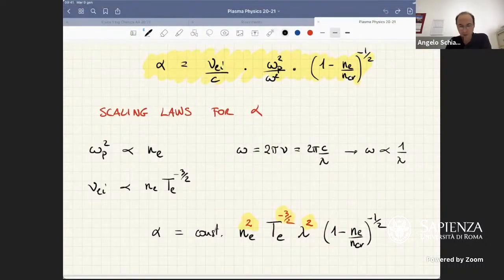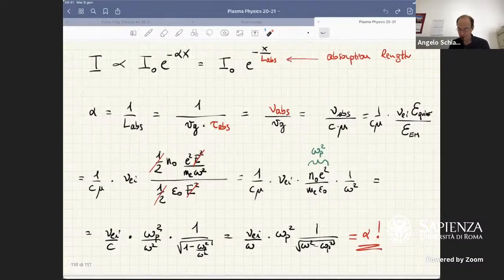Okay, during the break, I was looking at the formula we have written before, and this is the formula for alpha. What was puzzling me was the C at the denominator, which is correct here, as we check with a dimensional argument. But there's a C missing here.